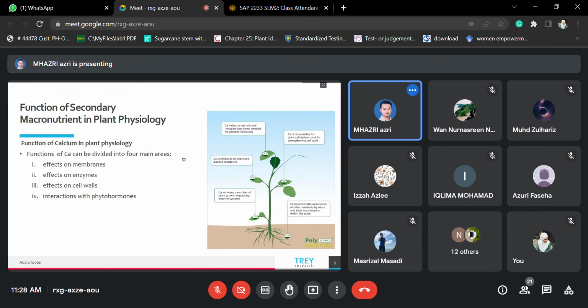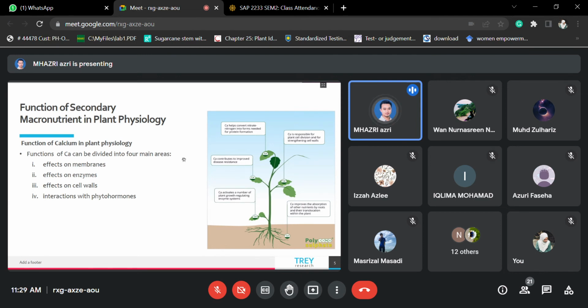Okay, the elements in secondary macronutrients are calcium, magnesium, and sulfur. So we go one by one. What is the function of each of these secondary macronutrients in plant physiology? We go for calcium first.